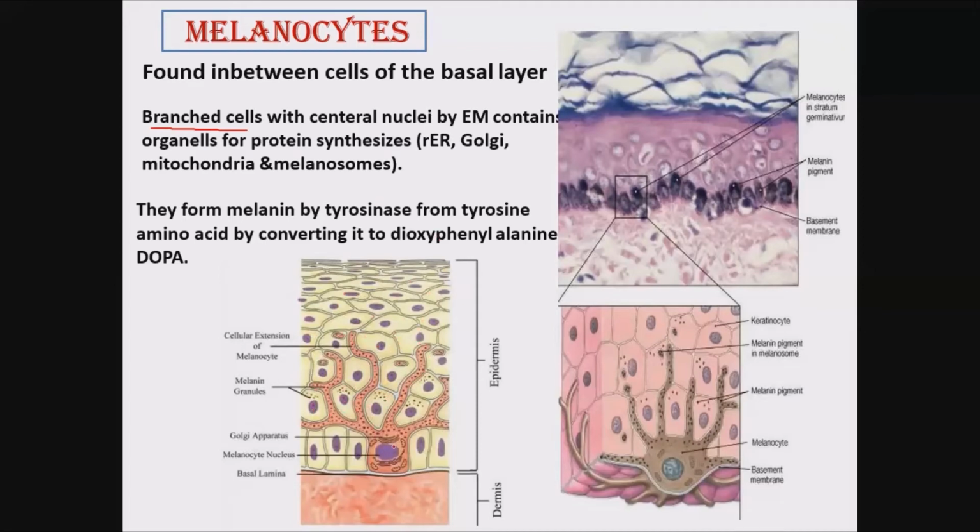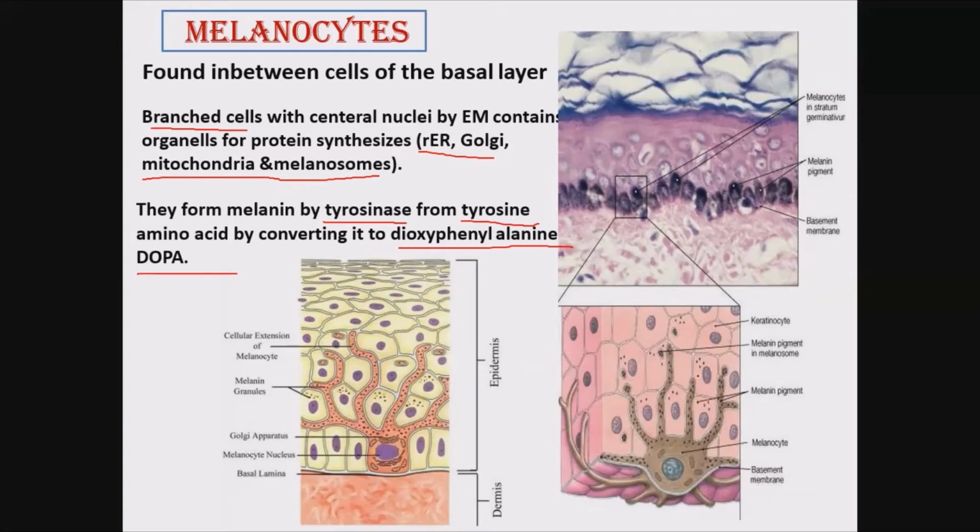These cells contain a good amount of rough endoplasmic reticulum, Golgi apparatus, mitochondria, and melanosomes. They are responsible for formation of the very important pigment melanin, with the help of the enzyme tyrosinase, from the amino acid tyrosine by converting it into dioxyphenylalanine or DOPA. This melanin pigment will then be transferred to other keratinocytes.